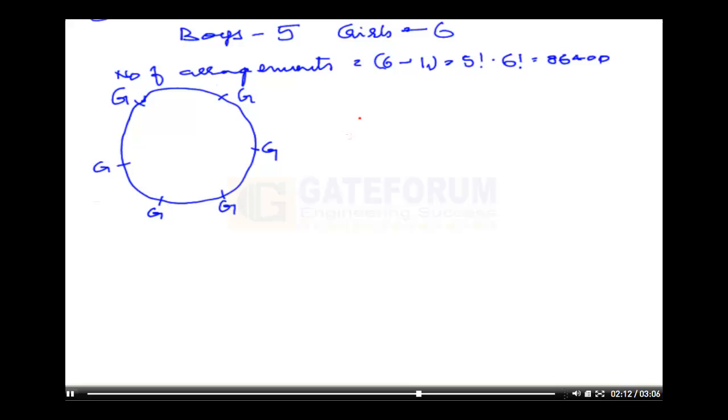So the number of arrangements would be: 6 girls can be arranged in 5 factorial ways and 5 boys in 6 places, therefore 6P5.